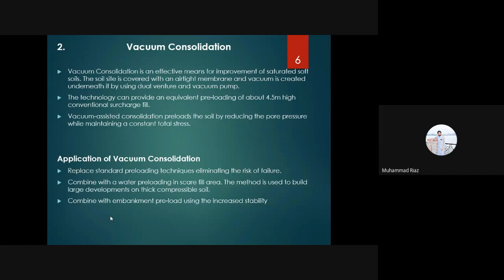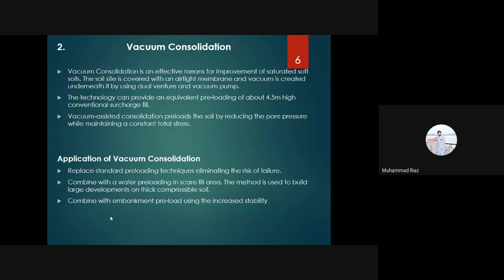The second method is vacuum consolidation. Vacuum consolidation is an effective means for improvement of saturated soil. The soil site is covered with an airtight membrane, and vacuum is created underneath it by using dual venturi and a vacuum pump.